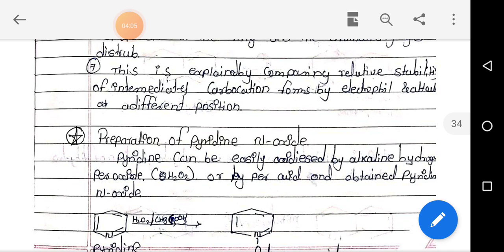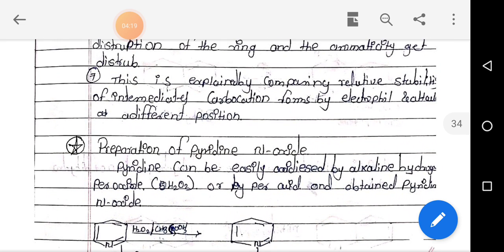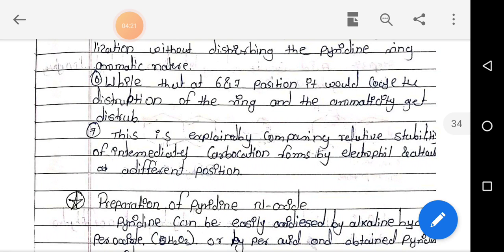This explains and compares the relative stability of the intermediate carbocations formed by the electrophile attacking at different positions. At the end, the most important thing is aromaticity, because if the compound is aromatic and we do electrophilic or nucleophilic substitution, and finally the compound loses aromaticity, that is not a feasible reaction.